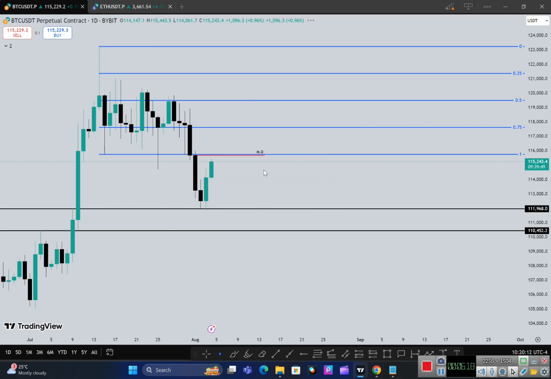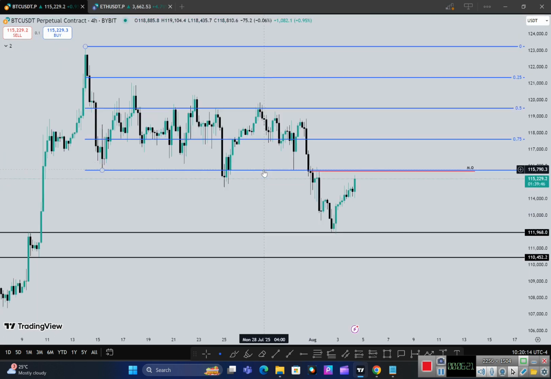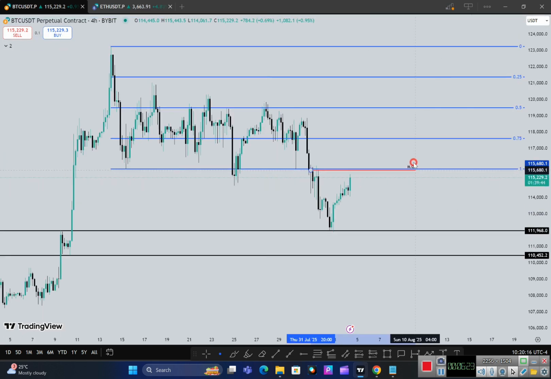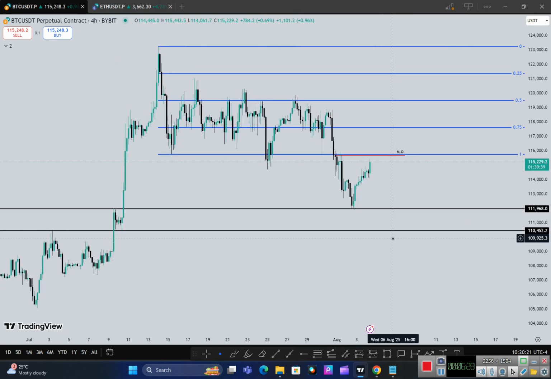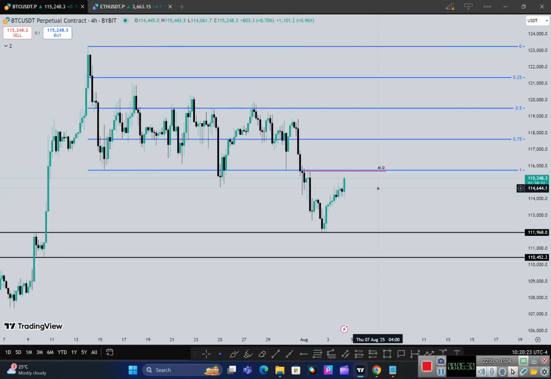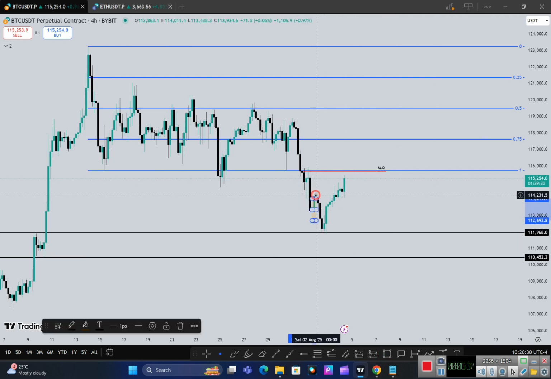Now we go to the 4 hour once again. We have marked our range, the monthly open, and this key area of support. We have this breaker block in here.